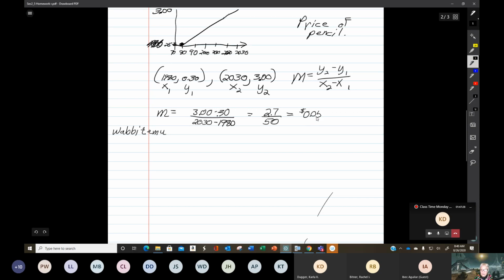The rate at which the price of a wooden pencil is changing in my entirely made up story is 5 cents per year. That's another use of slope.